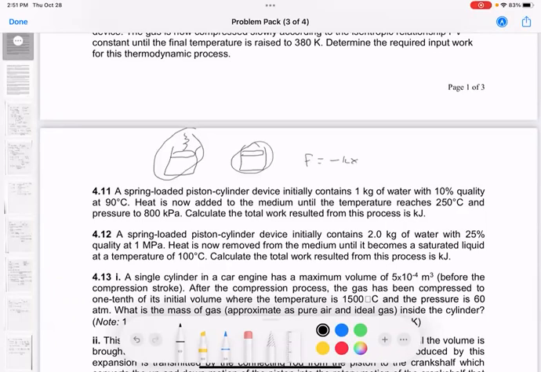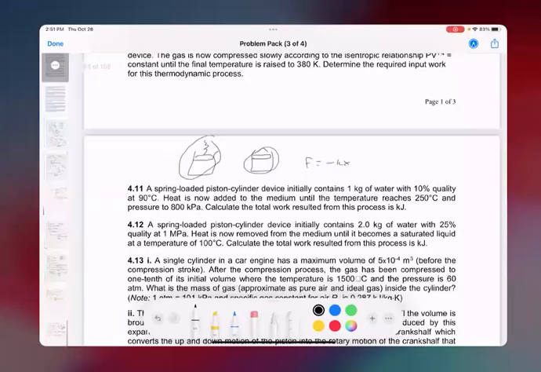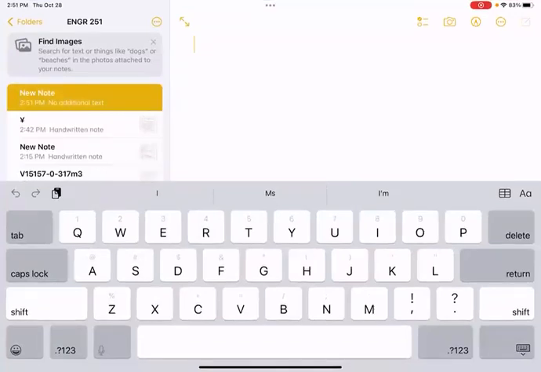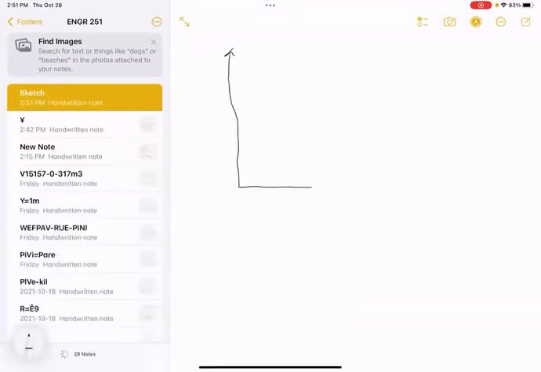So before we actually get into the math or solving the problem, I just want to go over how we can do this. So we have, say, a graph of pressure and volume, right? And because we know that work is the integral of P dV, that's like saying the area under whatever curve is in this graph.